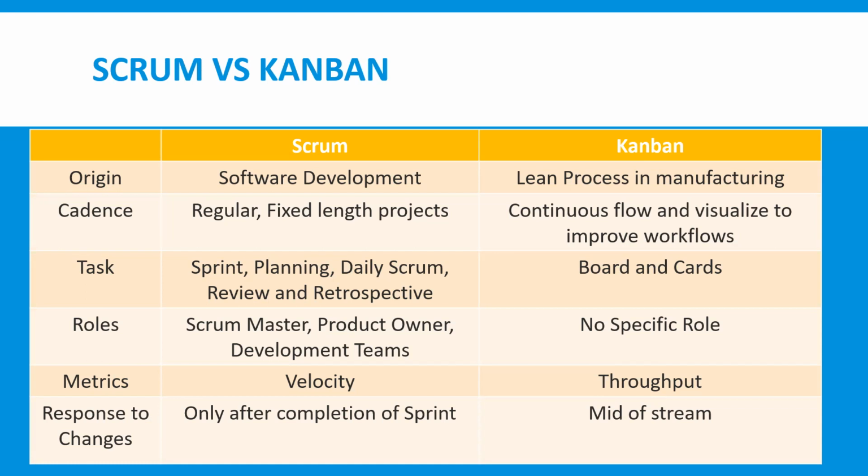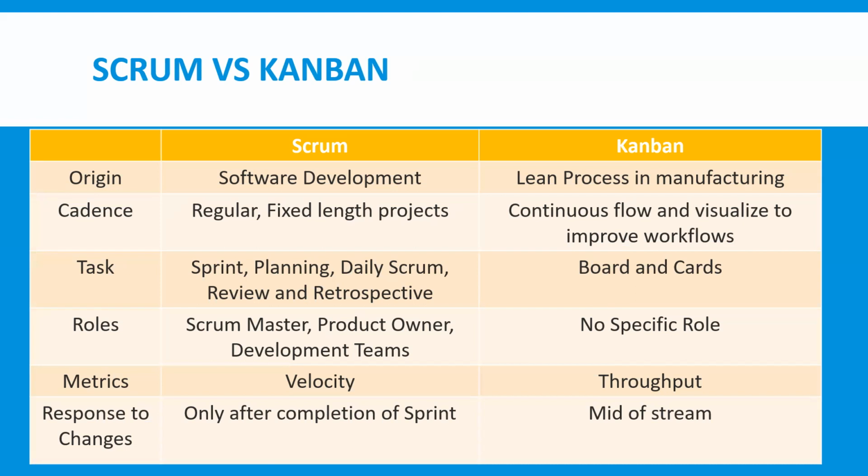Then where can we use these two? Scrum we normally follow in regular or fixed-length projects where you have the time box. Within 2 or 3 months, you have to deliver this item, task, epic or story.